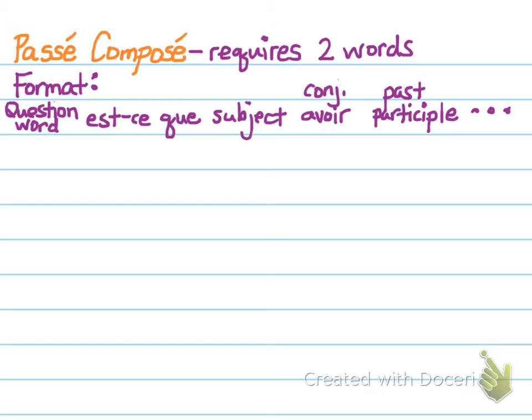So again, these two words that are required for the passé composé are our conjugated avoir and our past participle. Okay? Again, our conjugated form of avoir.